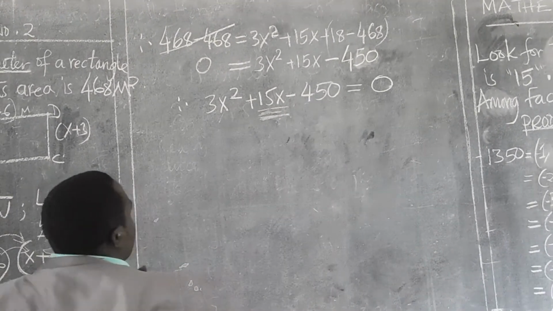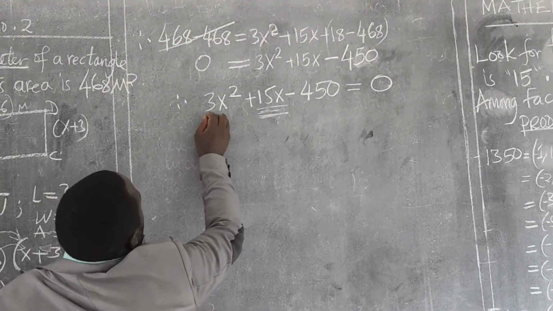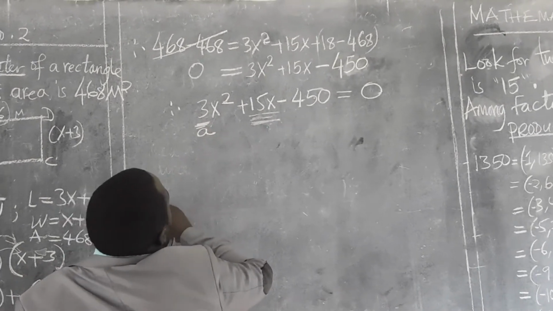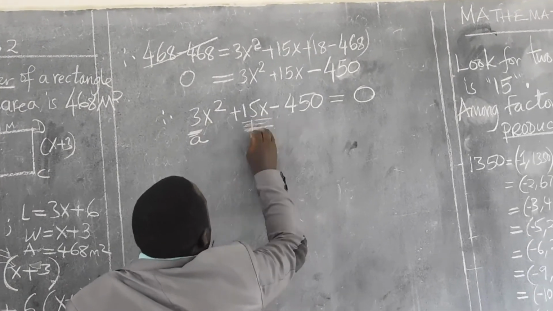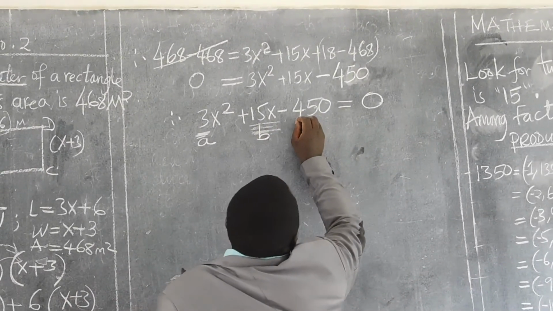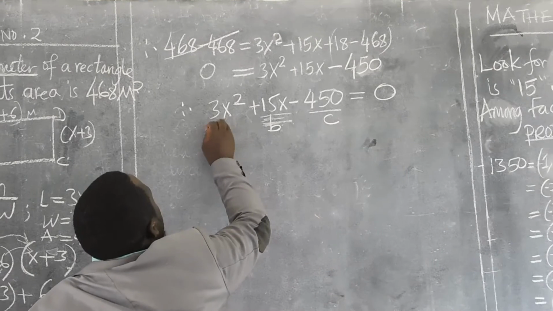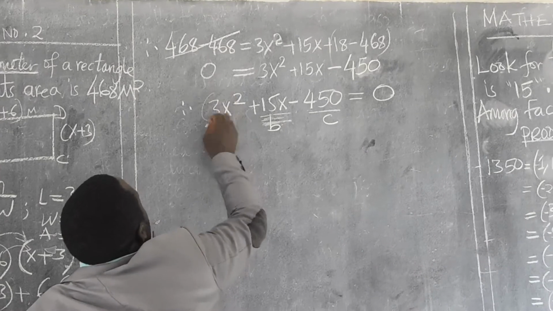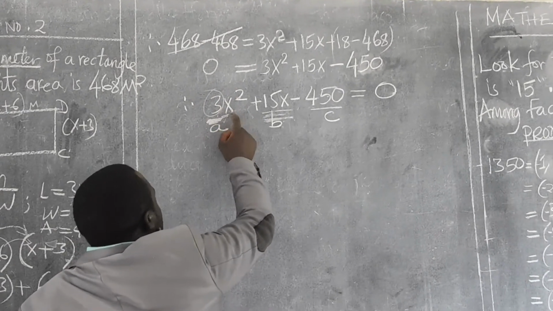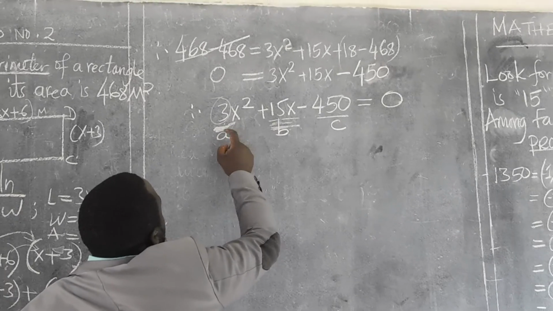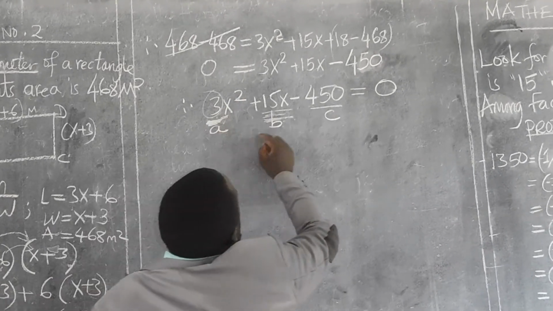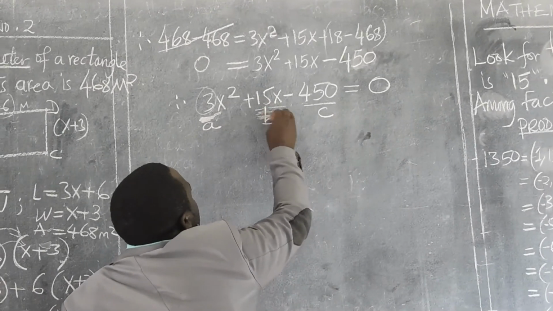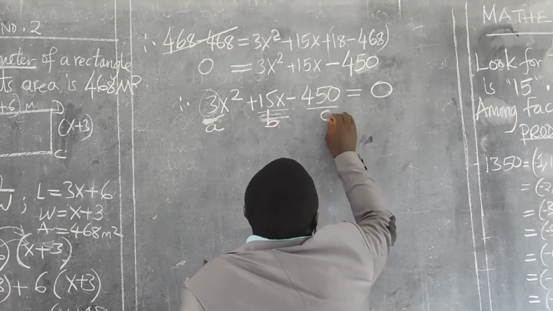As you saw yesterday in the group, the coefficient of x squared, which is 3, we call A. The coefficient of x, which is 15, we call B. And the constant is called C.